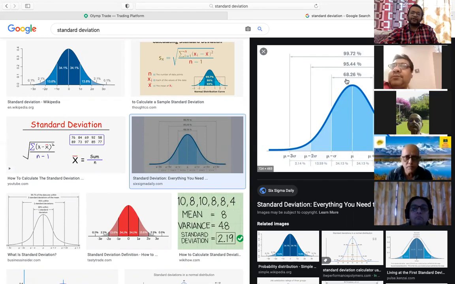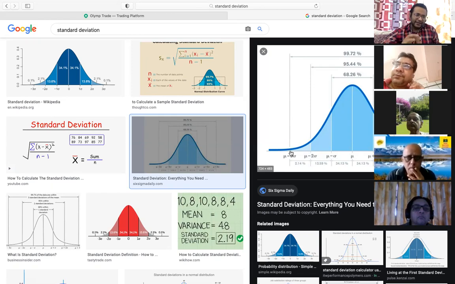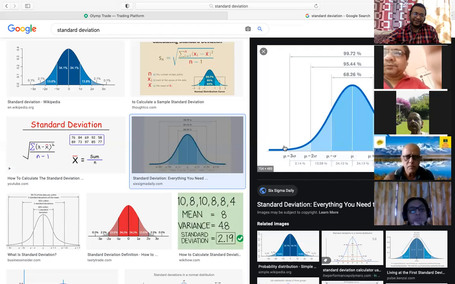So about 31.5% of data will lie between 1 standard deviation and 3 standard deviations, so roughly 30%. Another very important thing is that very little data lies beyond standard deviation 3. Only 0.28% of data will lie beyond standard deviation 3.